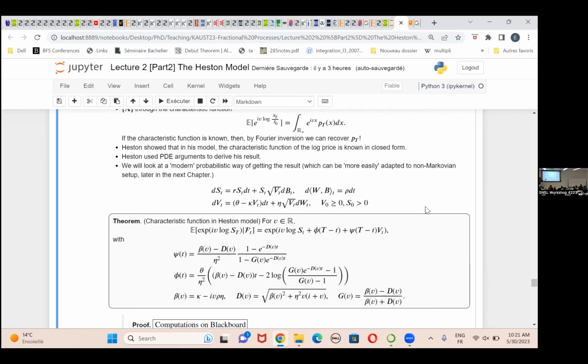These are explicit, and this is what we're going to prove, because later again I'm interested in extending this to the non-Markovian, non-semimartingale setting.